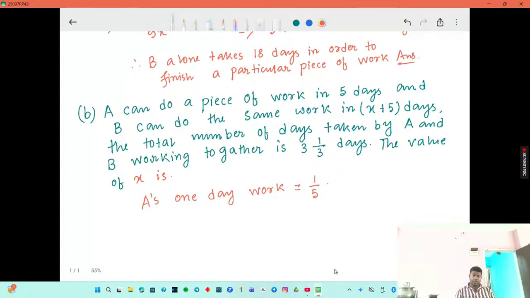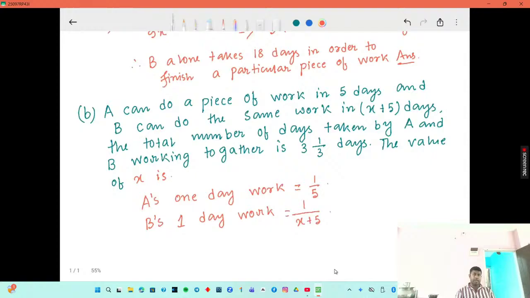So now how much work can B do in 1 day? B's 1 day work is equal to 1 by x plus 5, because B can do the same amount of work in x plus 5 days.